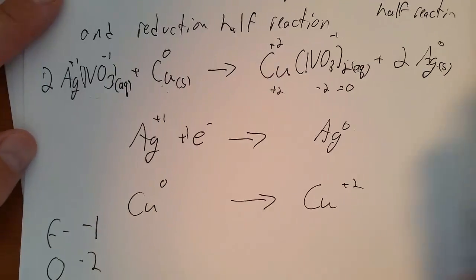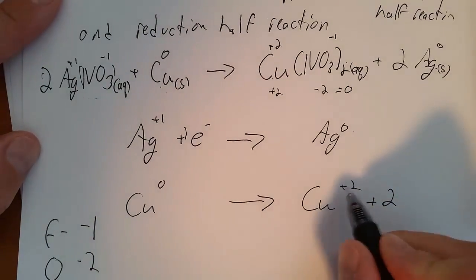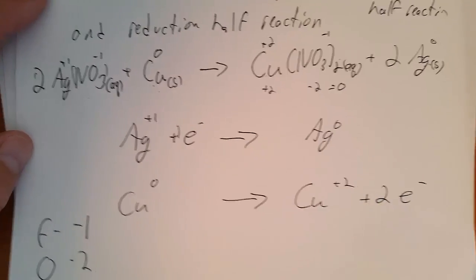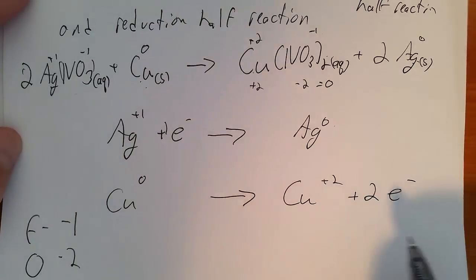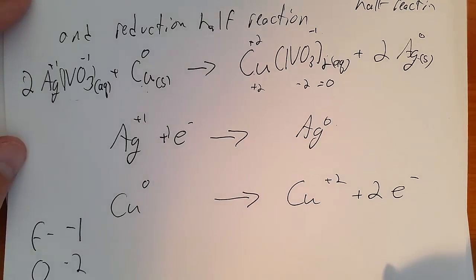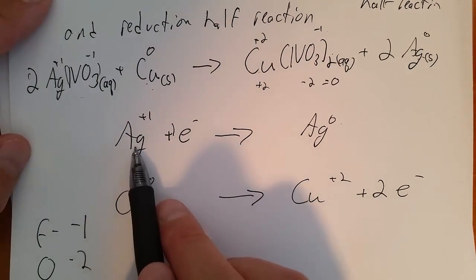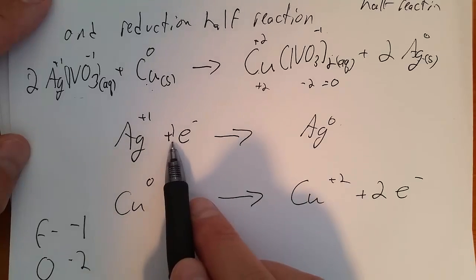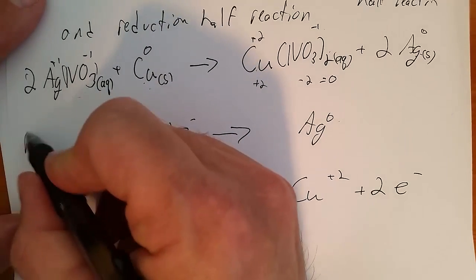Cu0 to Cu plus 2, well, we have to add 2 electrons to the more positive side. And we have to decide which is oxidation and which is reduction. Well, oxidation is losing, reduction is gaining. So since silver plus 1 here is gaining an electron, this is reduction.